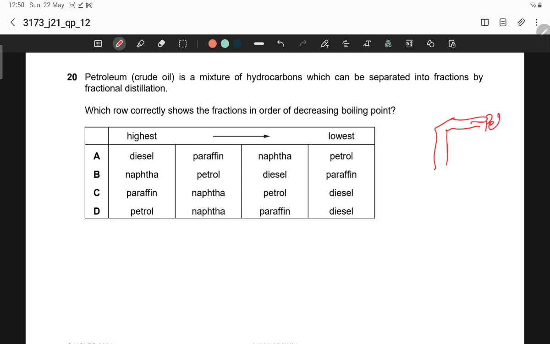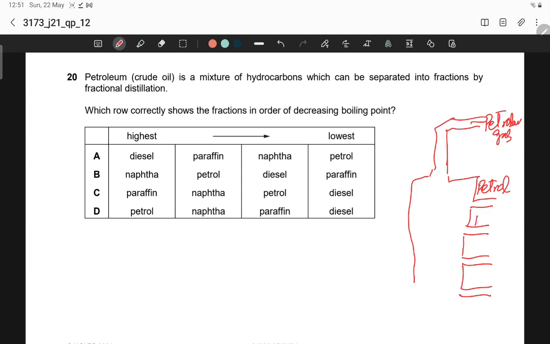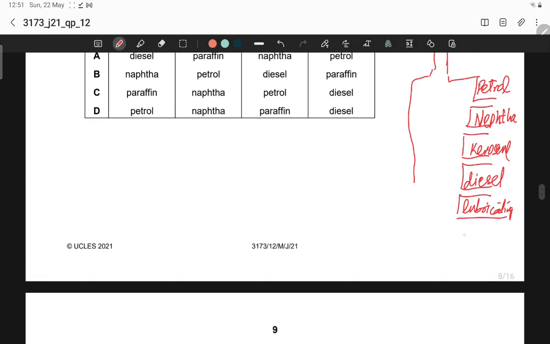Over here petroleum gases, then petrol, naphtha, kerosene, diesel, lubricating oil, and this is bitumen.